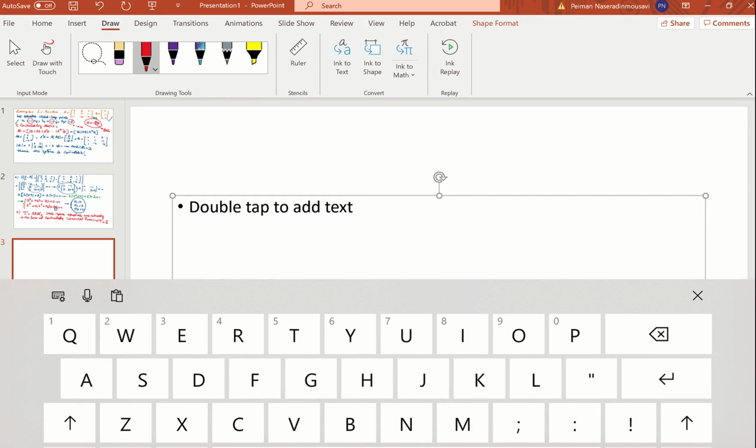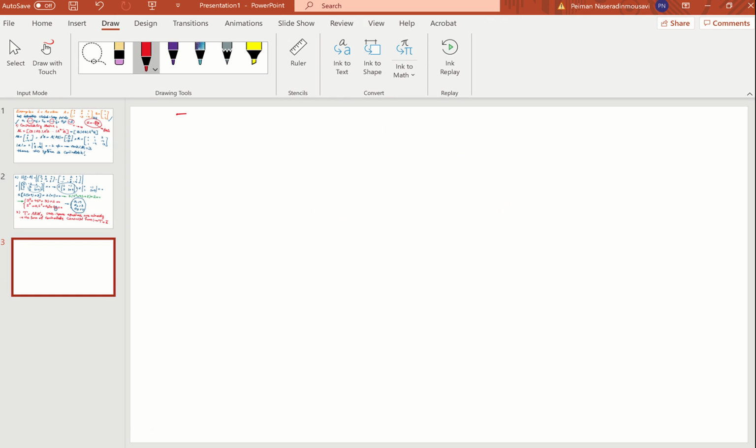Controllable canonical form is in this form. X dot 1 until x dot n, you have in the first class notes, for the LTI system is 0 1 0 dot dot dot 0, 0 0 1 dot dot dot 0, finally comes here 0 0 0 1, minus an, minus 1, and finally minus a1.